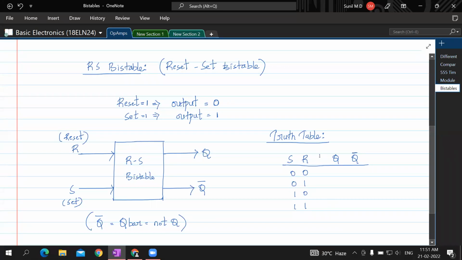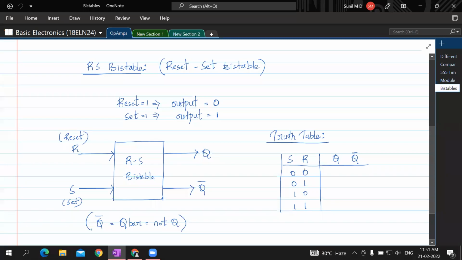For these input combinations, what our outputs are supposed to be is what we are interested in seeing. Now, if set is 1, it sets the output. If reset is 1, it resets the output.